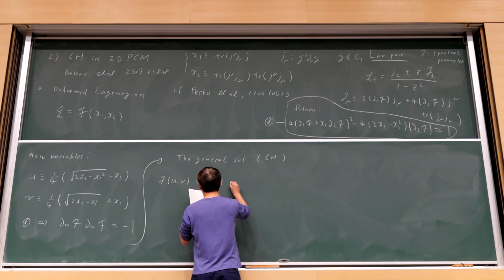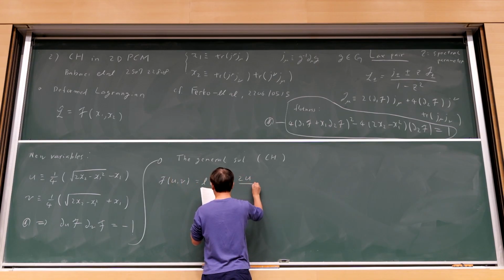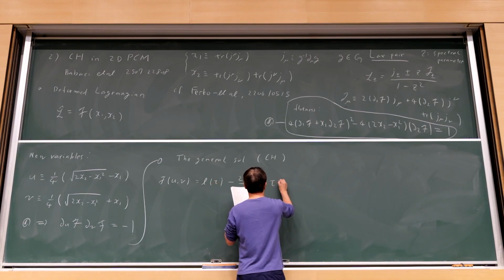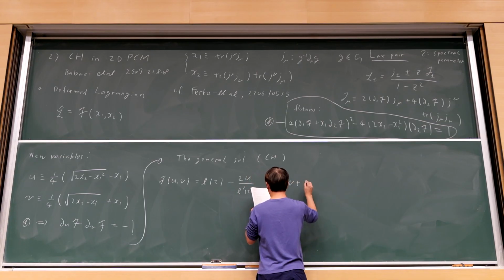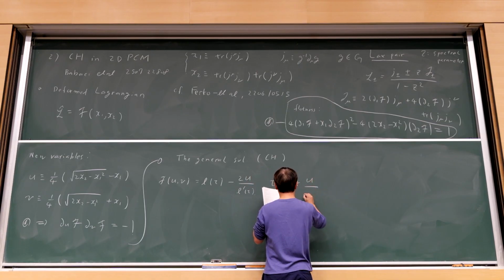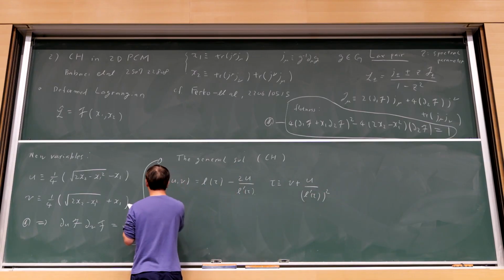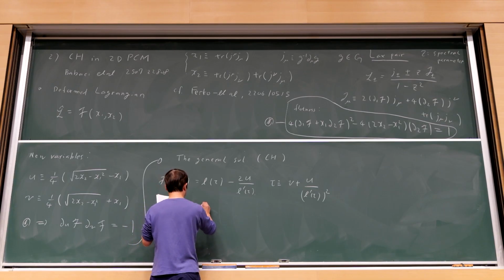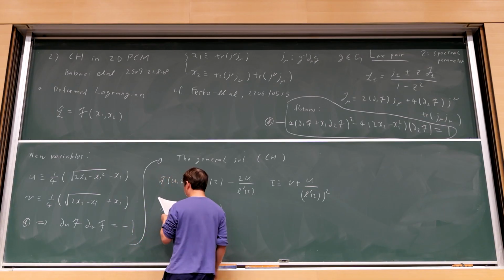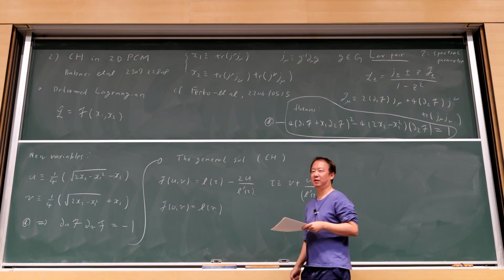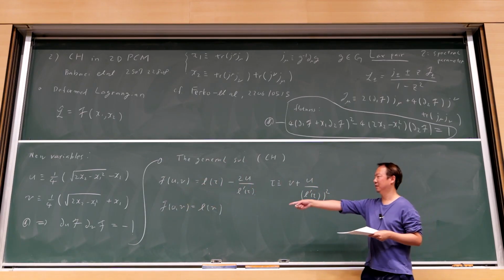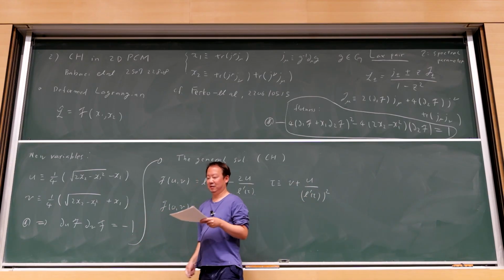So the general solution is L prime tau, F0V, so this is the general solution to these differential equations.